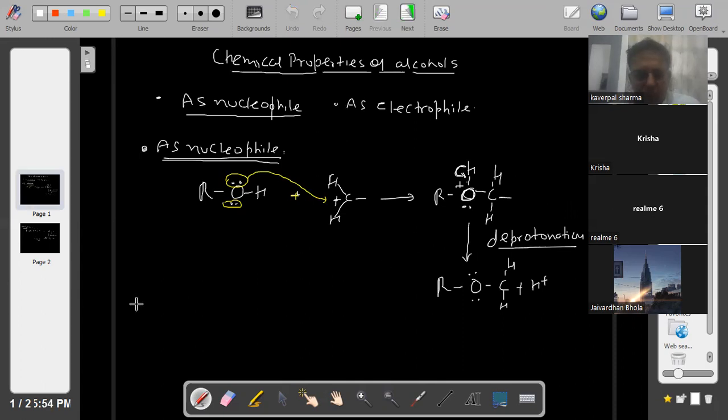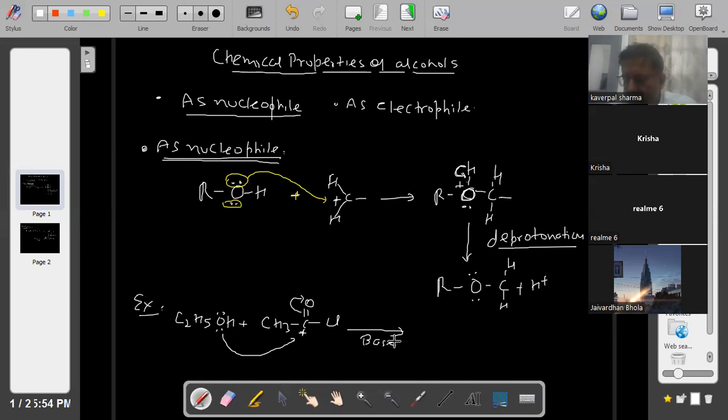Then an example of this one is C2H5OH with acetyl chloride, CH3COCl. The carbon is electron deficient, so it will take the nucleophile from OH in presence of a basic medium, a base, generally pyridine is used.